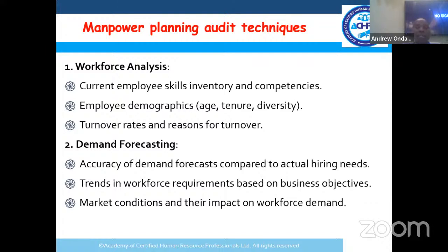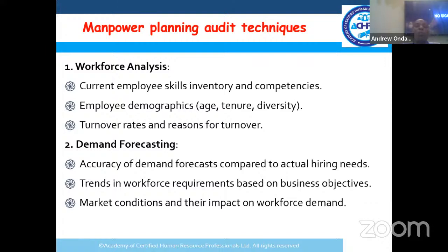And a skills inventory will give us the skills, knowledge, and experience that people have in different departments. So in workforce analysis, I've indicated there in bullet 1 that we are going to assess or audit the current employee skills inventory and competencies.